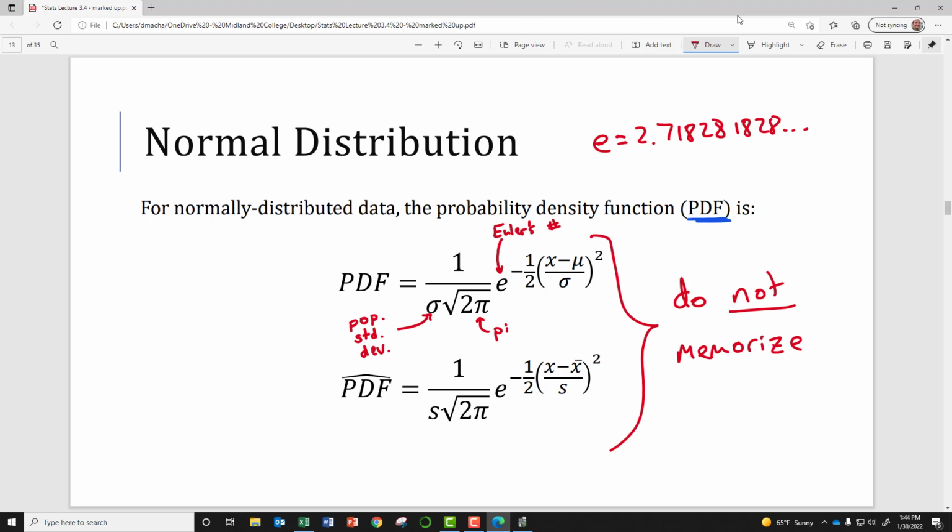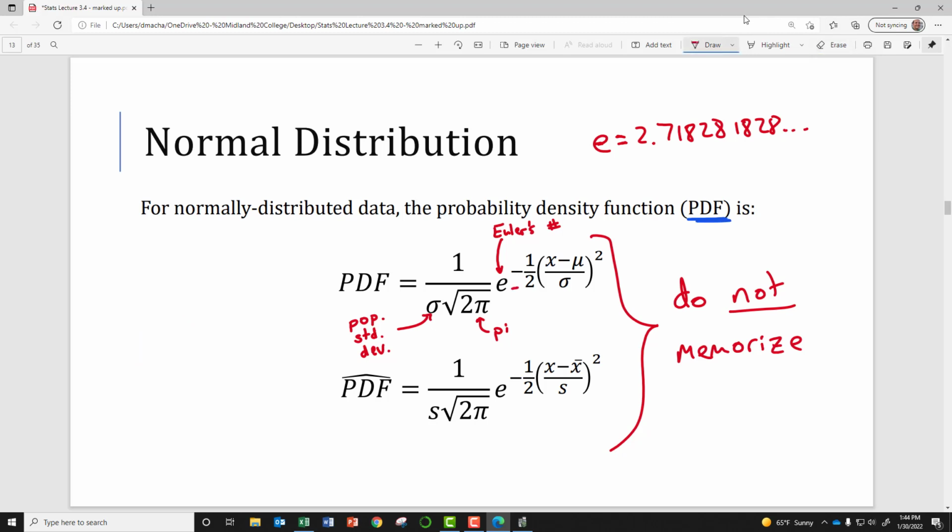And then this is actually an exponent here. It's not super obvious because there's so much going on in the exponent. But this is actually e raised to the power -½ times x minus mu over sigma, all of that squared. So this is an exponent going on. It's just that there's so much going on in the exponent that it almost doesn't look like it's an exponent.